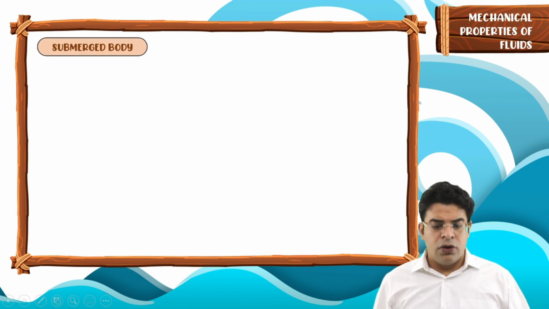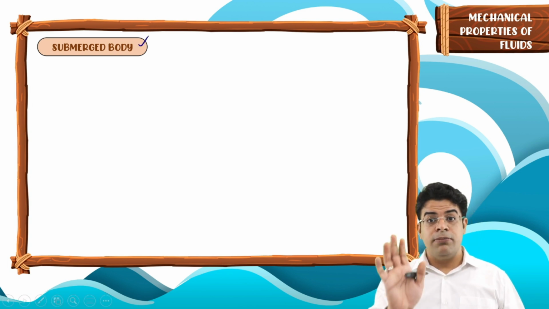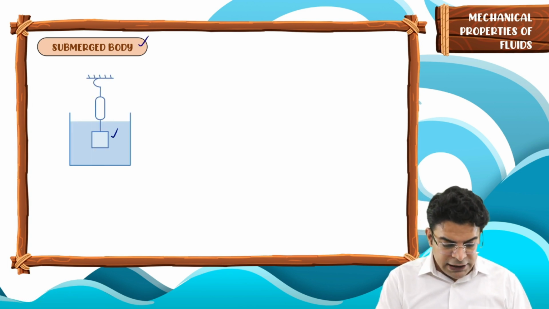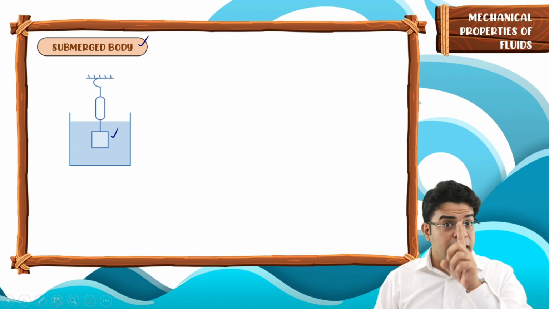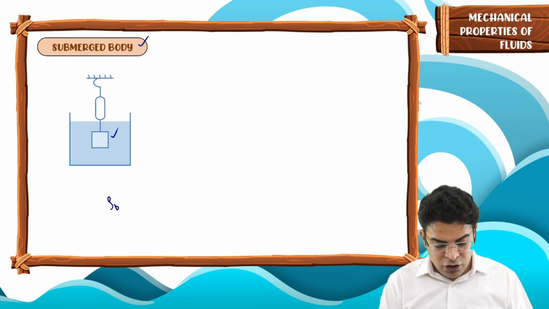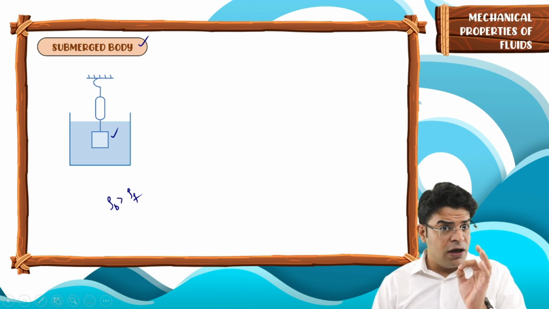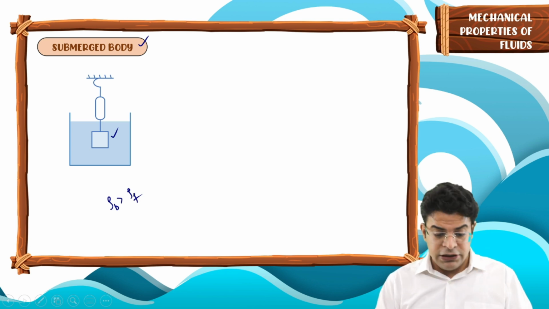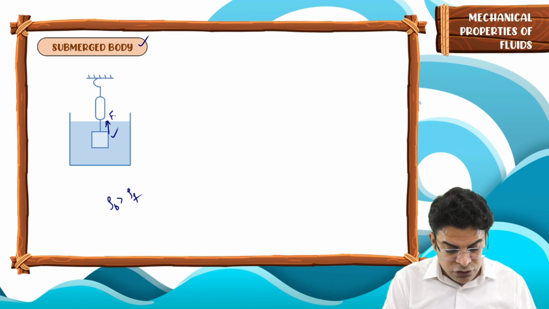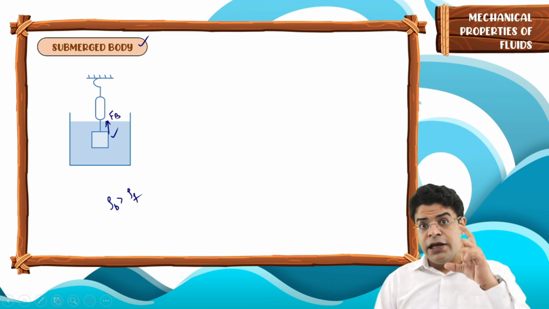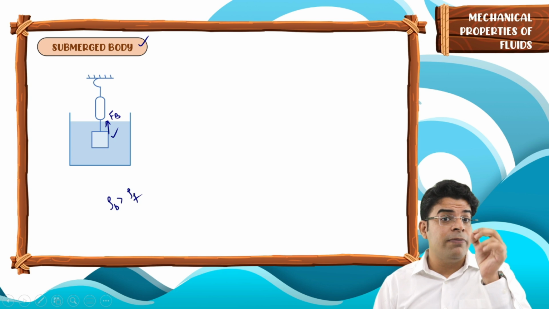So now let's talk about the case when the entire body is submerged in a fluid. This will happen when the density of the body is greater than the density of the fluid. But we have discussed earlier also, once submerged, there will be a force of upthrust, a force of buoyancy, and the reading of this spring balance will be less than the weight.